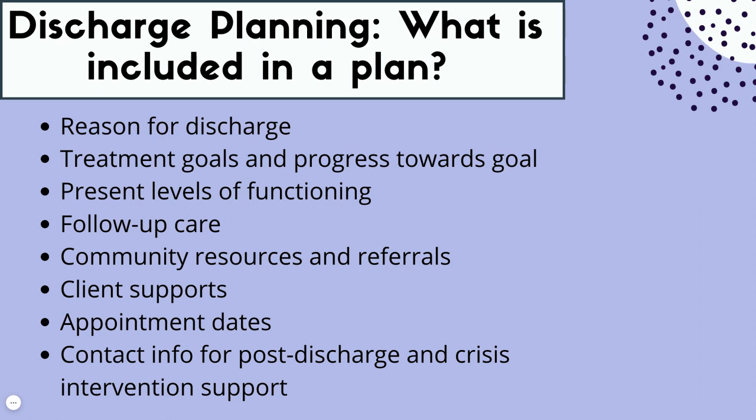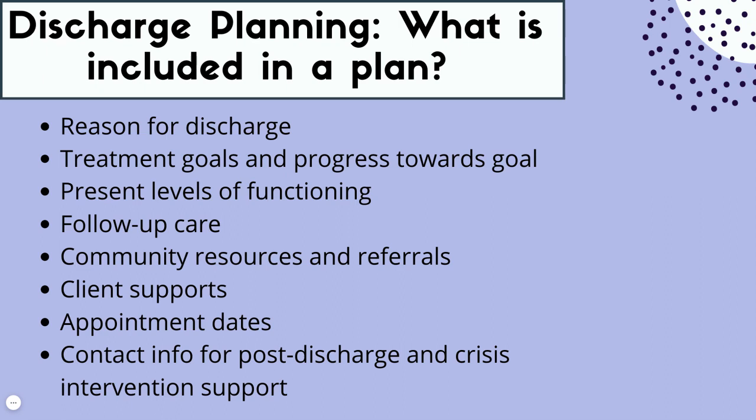Sometimes when you're discharging, there might be follow-up, please follow up with your doctor. There's going to be instructions as well. If you have any emergency symptoms, if you're feeling ill, if you're feeling unsafe, please call these numbers for follow-up.